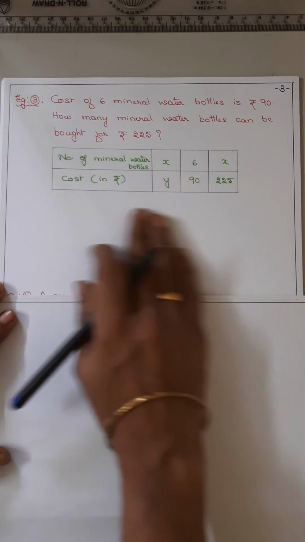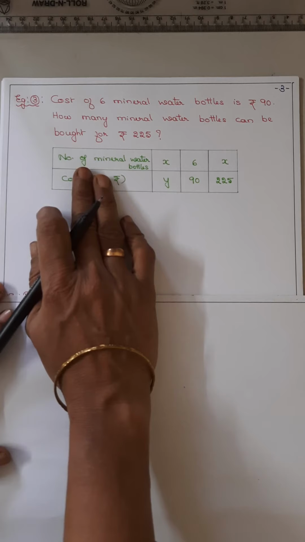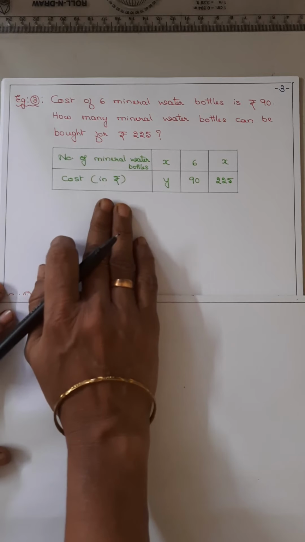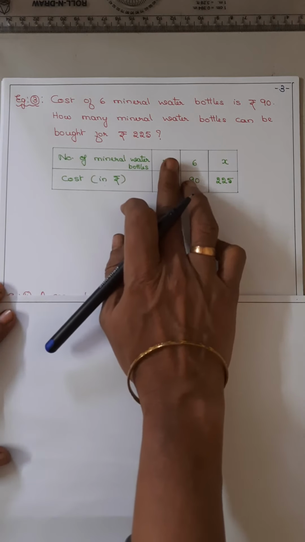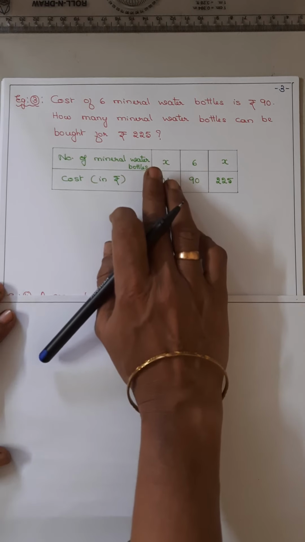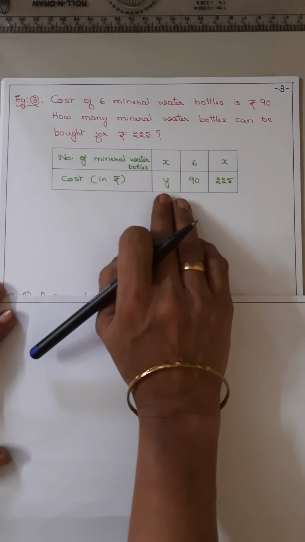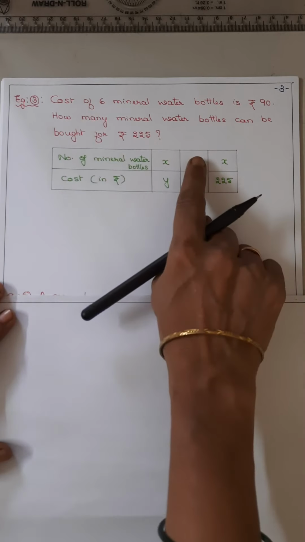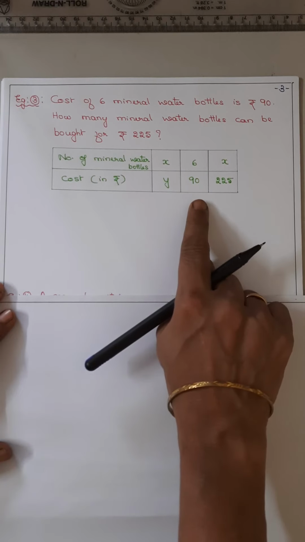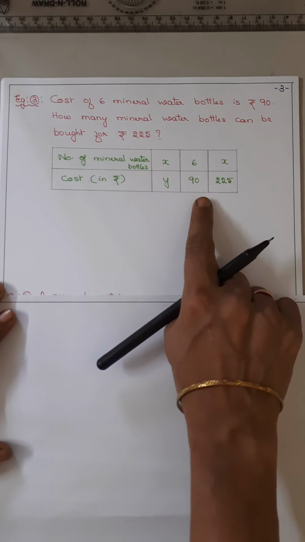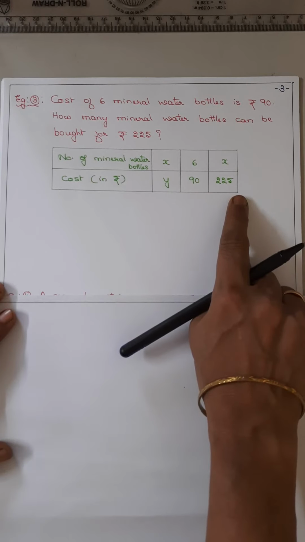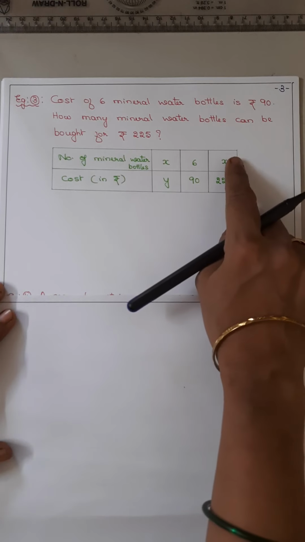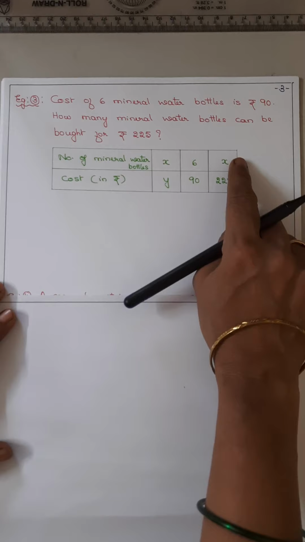मतलब ये टेबल बनाओ, फिर फर्स्ट क्या लिखेंगे? नंबर ऑफ मिनरल वाटर बॉटल्स और नीचे कॉस्ट इन रुपीज. और फर्स्ट कॉलम दिस इज x और y है ना. हमेशा हम लिखने के वक्त ऊपर का x है, नीचे का y है. तो इधर स्टेटमेंट के हिसाब से 6 मिनरल वाटर बॉटल्स कॉस्ट 90 रुपीज. 6 बॉटल के लिए 90 रुपीज, तो 225 रुपीज में कितने वाटर बॉटल्स? सो कितने वाटर बॉटल ऊपर का, तो x इधर डालो.